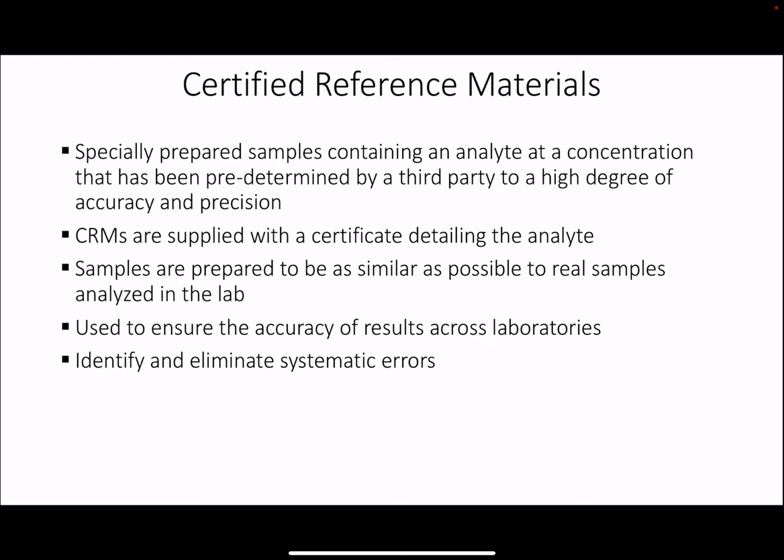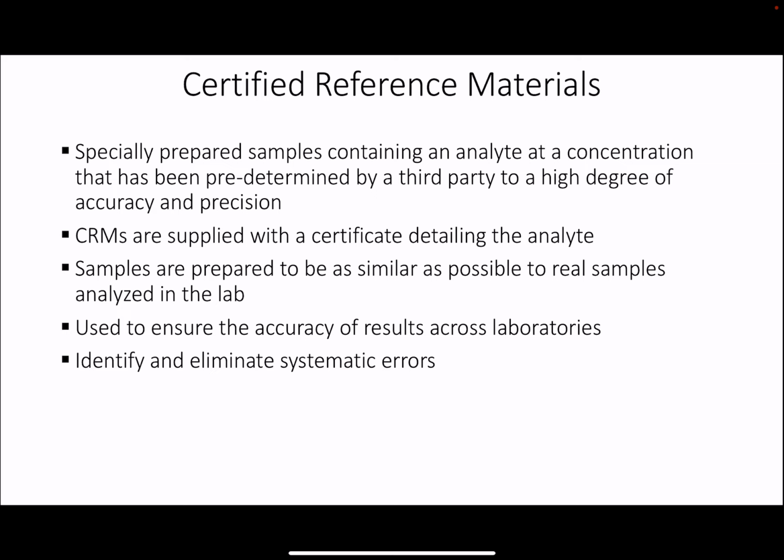So let's say you and I go and we collect a bunch of seawater, and I go back to my lab and I measure nitrate, and you go back to your lab and you measure nitrate. And for the exact same samples, we report different values. Well, it's very difficult to actually figure out which one of us is right and which one of us is wrong. But if we both measure a certified reference material, then it's easy, right? Because I measure the sample and I get a value of 10, and you measure the sample and you get a value of 15.